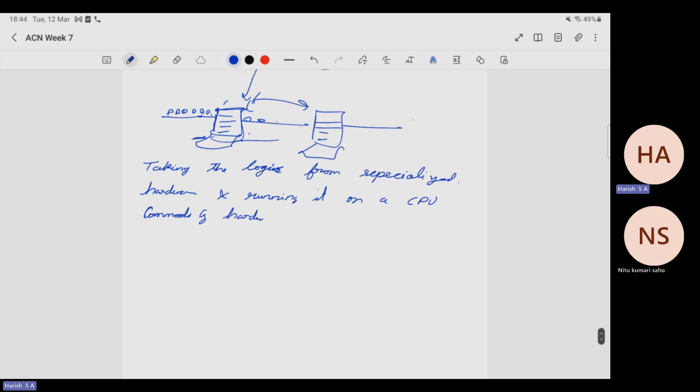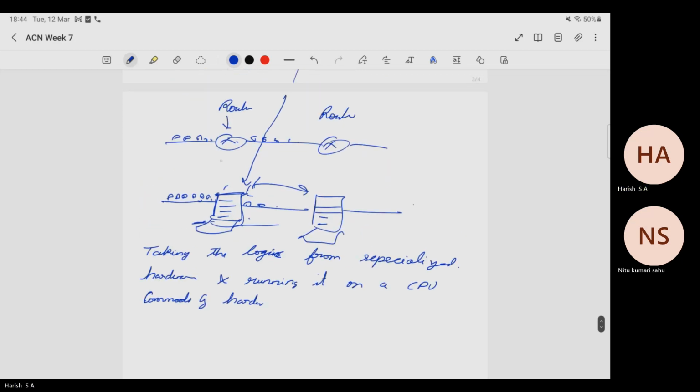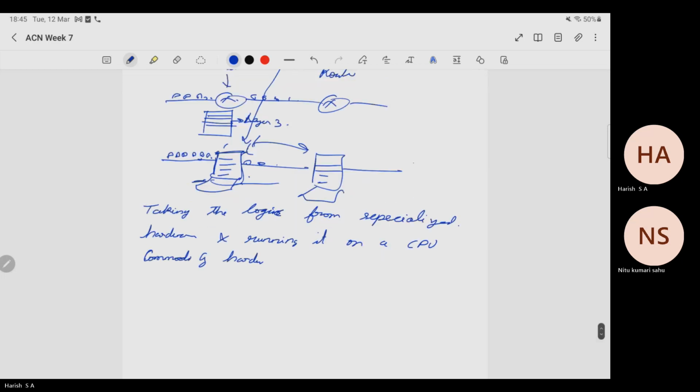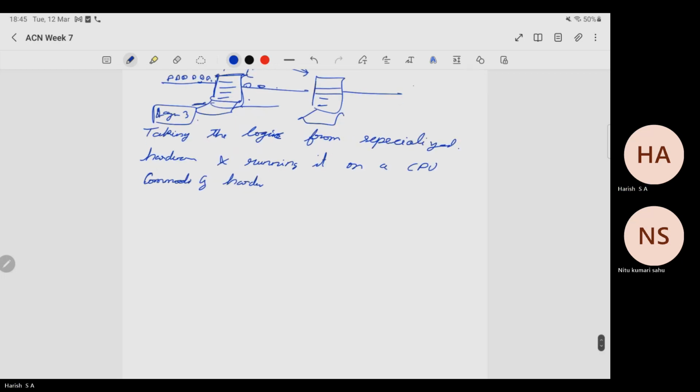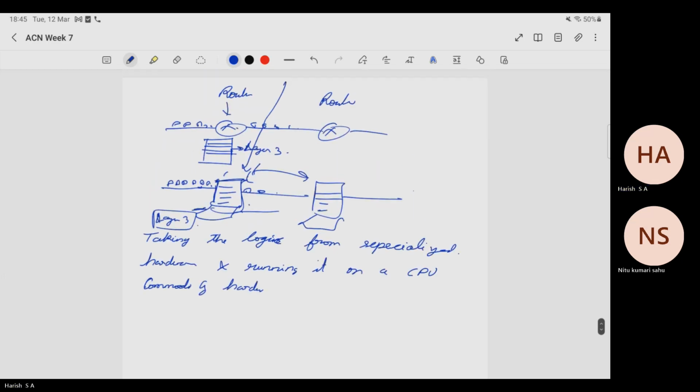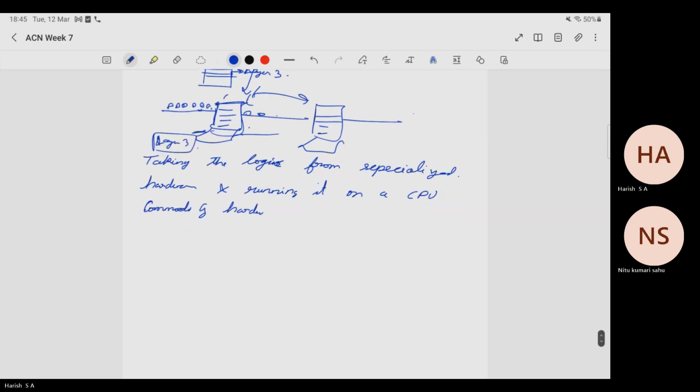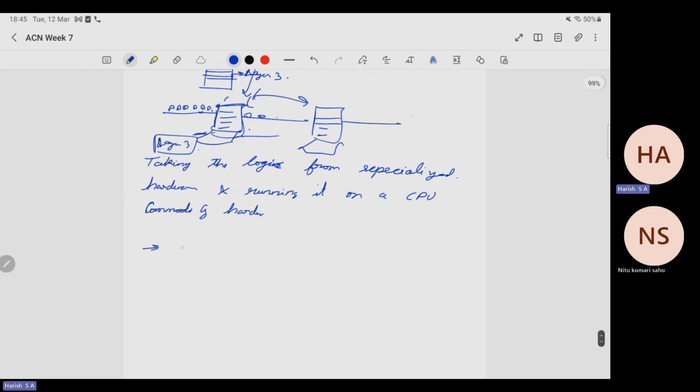So in the end, what has happened is the router is pretty much taking care of routing, right? Layer 3. But now this system or this laptop is also taking care of layer 3. Right? Same function I'm doing here and there. The point to note here is this method will be slow.